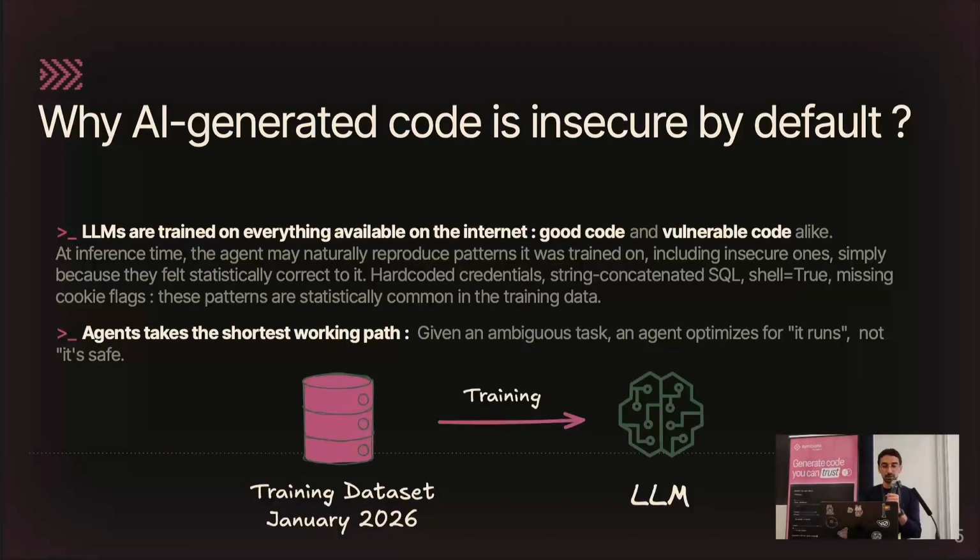So it will hard-code credentials in the code, it will write string-concatenated SQL, and so on. Also, something you should know is that agents take the shortest working path. Given an ambiguous task, an agent will optimize for it runs, and not for is it safe.